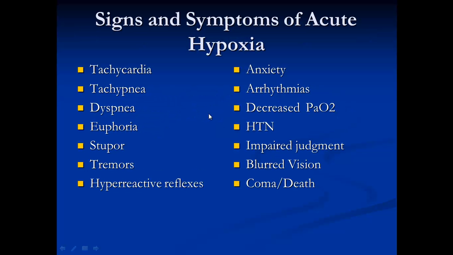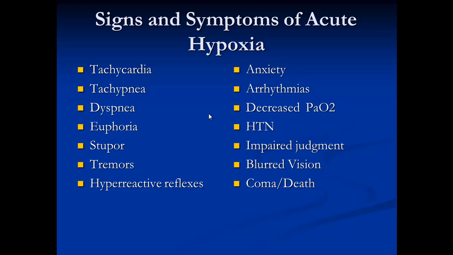Signs and symptoms of hypoxia, you already know them, but let's review them. It's tachycardia, patient is tachypneic, they're dyspneic, shortness of breath. They could also have euphoria, anxiety, tachyarrhythmias. But if the process continues, these tachyarrhythmias could convert into bradycardia.